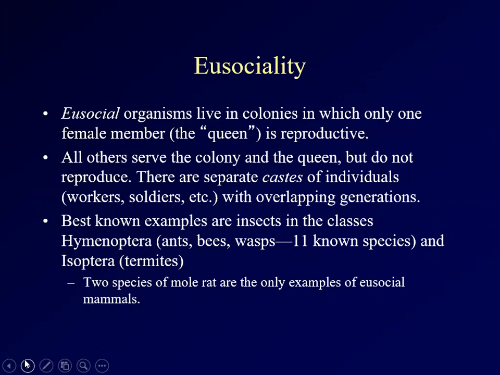So like a eukaryote, well, the karyo means a nut or a nucleus, and a eukaryote is an organism that has a true nucleus. Right? Eusocial organisms are truly social, and they live in colonies in which only one female member is reproductive, and she usually gets called the queen.